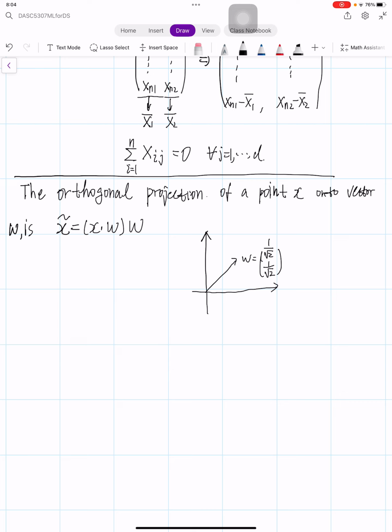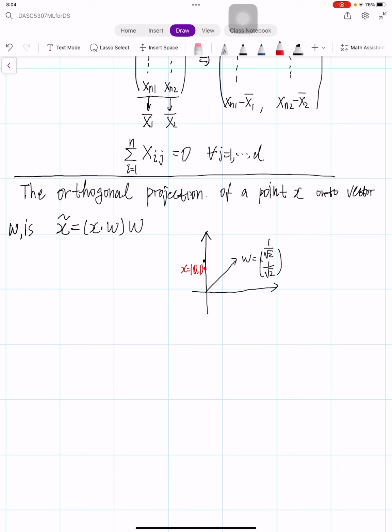Now suppose we have a point x. I think this x should be a little bit lower. X is here. X equals 0, 1. So this is the point.